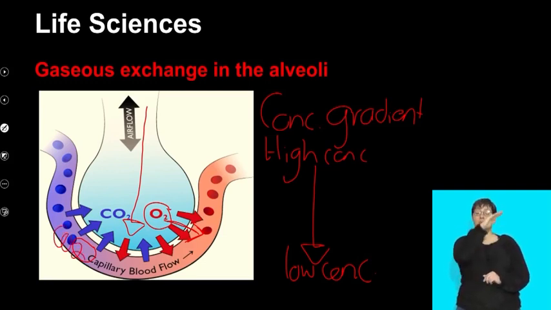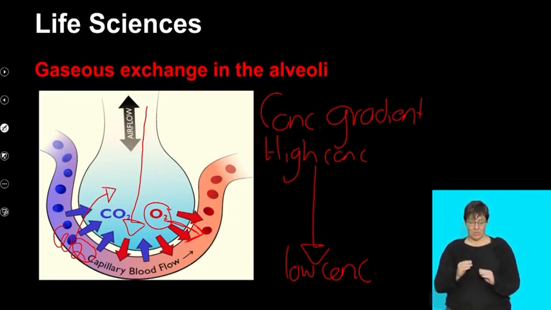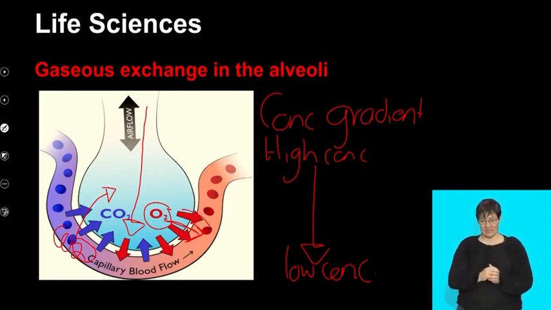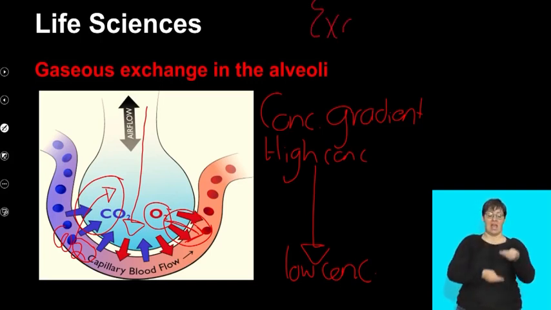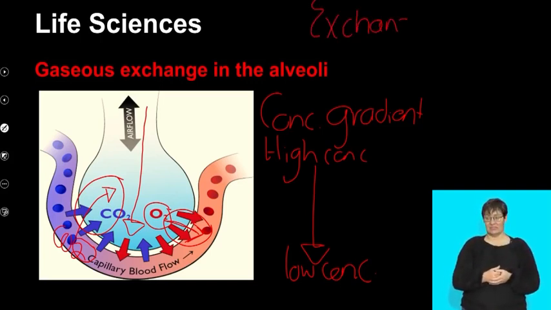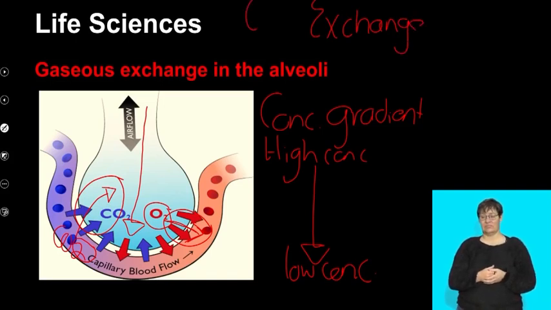In the lungs, we have a low concentration. Carbon dioxide moves down this concentration gradient into the lungs, the alveoli. The arrows are going in different directions, which means that they are exchanging. To exchange means to swap. And what are they swapping? They are swapping gases. So this is the first place that it happens.